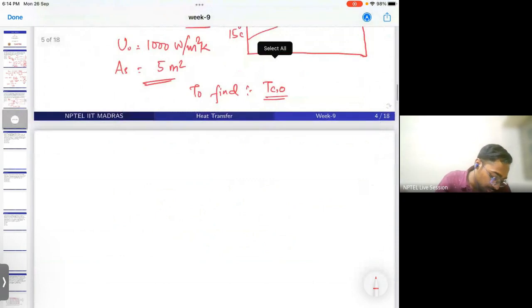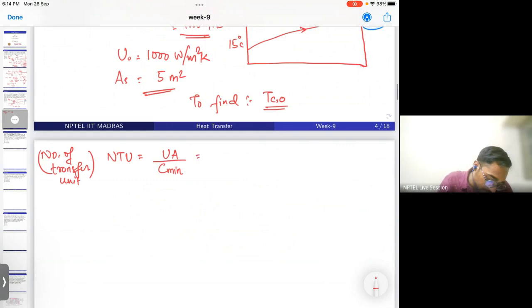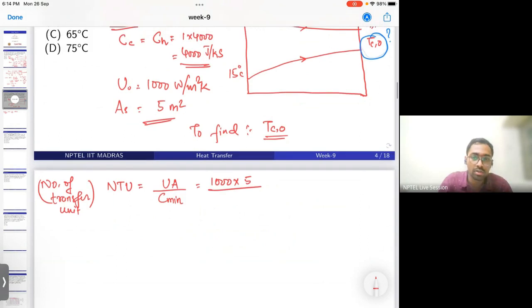First we have to find out the NTU, the number of transfer units, which is UA by Cmin. U is given, 1000, by Cmin. Here it's not Cmin alone because both the heat capacities are the same. So it will come out to be around 1.25.